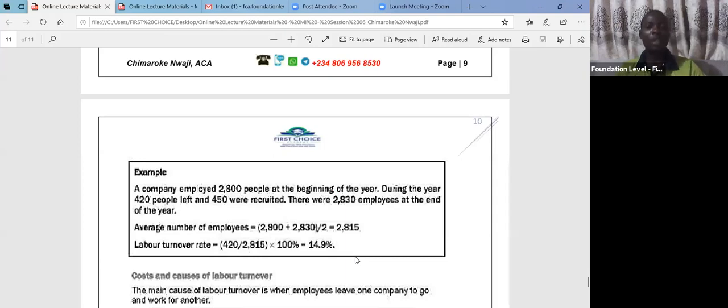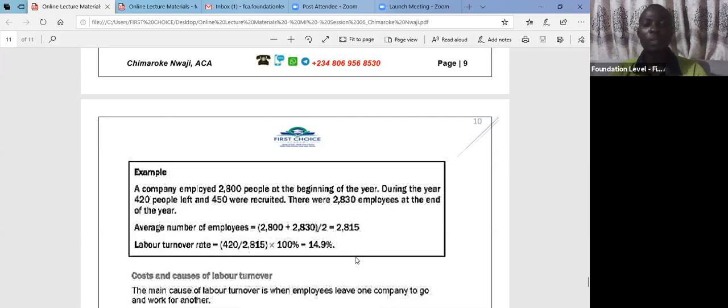The company employed 2,800 people at the beginning of the year. During the year, 420 people left and 450 were recruited. There were 2,830 employees at the end of the year. So look at what we're going to do.